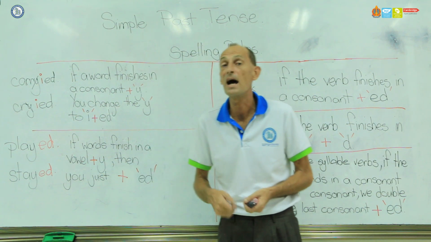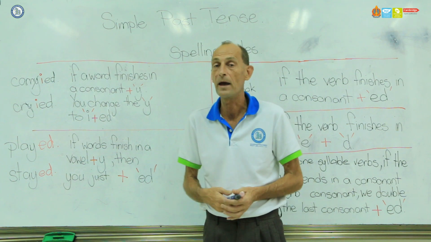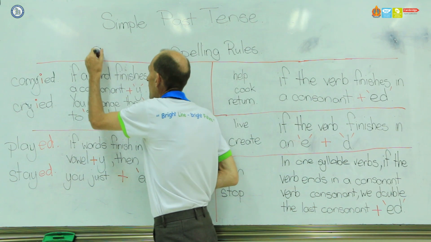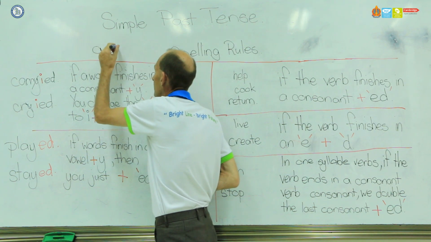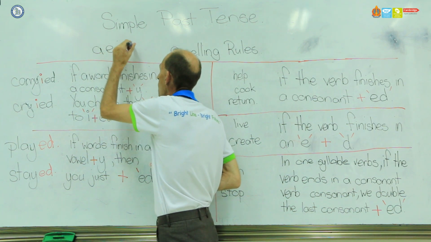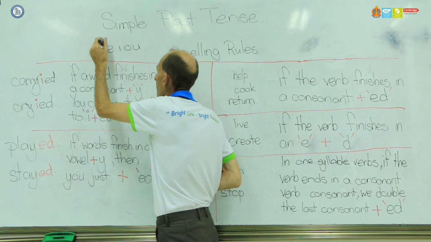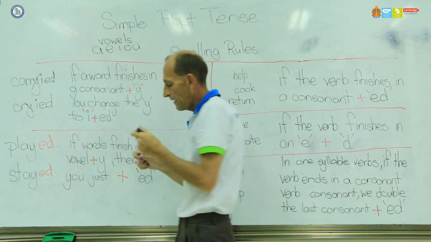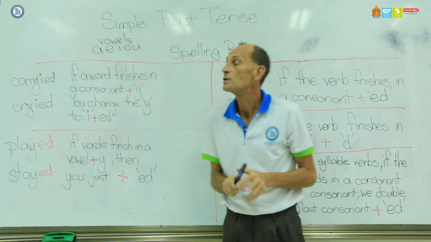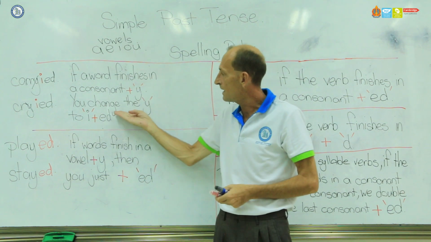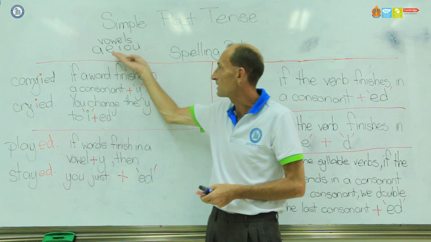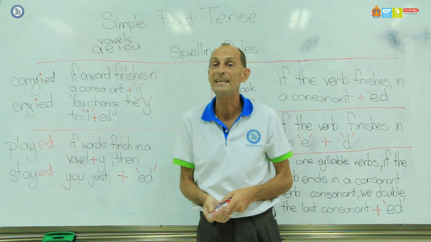Remembering our vowels are A, E, I, O, U. Let me quickly write them up. So our vowels, A, E, I, O, U. If there are any other letters, we change our Y to an I. If it's these letters, we just put ED.